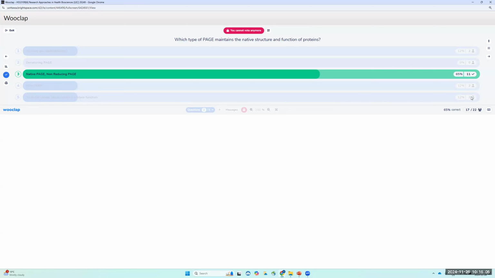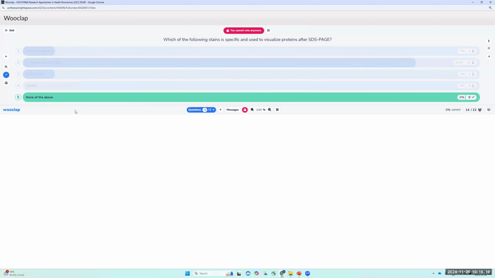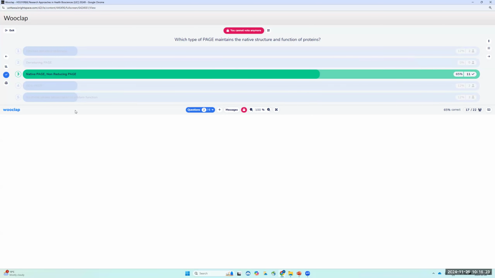And for those who said no PAGE allows preservation of protein function, yes, there is the native PAGE or non-reducing PAGE, which allows the function of a protein to be studied. Okay, so we answered that one.